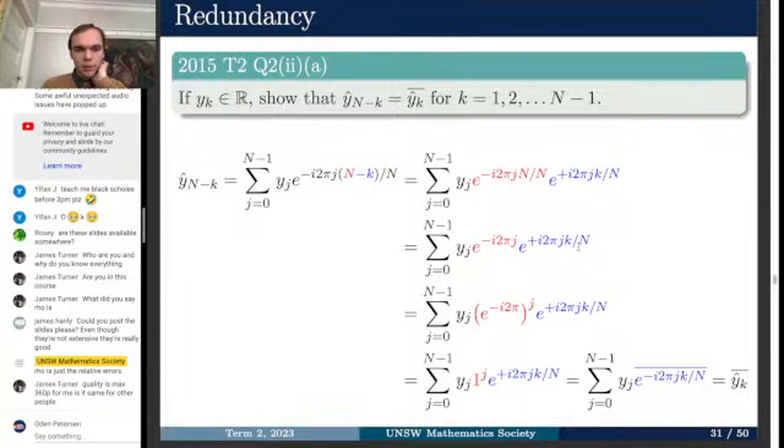So I guess I'll go through some properties of the discrete Fourier transform that come up in the past papers. So one thing is, if I look at this Fourier transform, you'll notice that this first coefficient, this first element of the vector here, is the complex conjugate of this last element here.